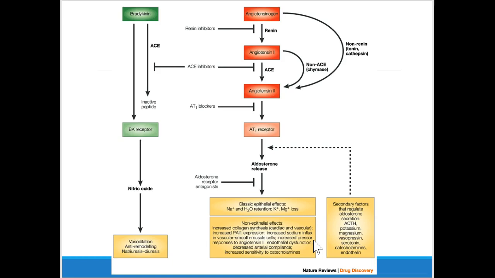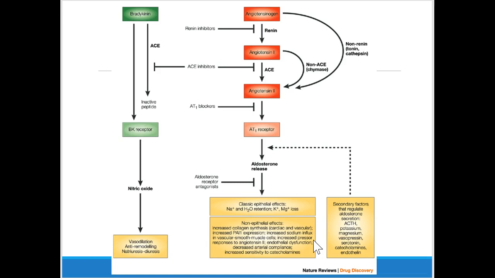An overstimulation of the system causes an increase in angiotensin 2, which interacts with the angiotensin receptor, and you can see some of the effects listed here in a scientific way. Basically, you increase sensitivity to catecholamines, which causes vasoconstriction and other things. You increase your body's ability to react to a sympathetic nervous response, which over time can cause hypertension.